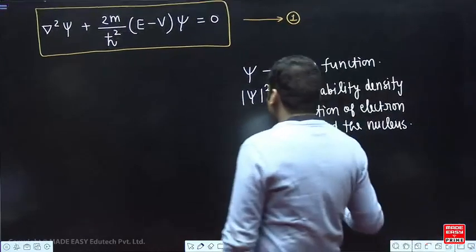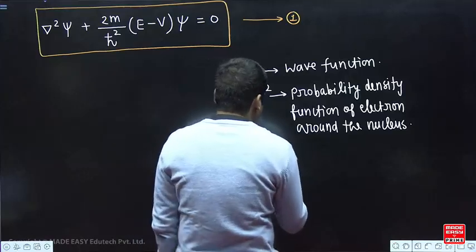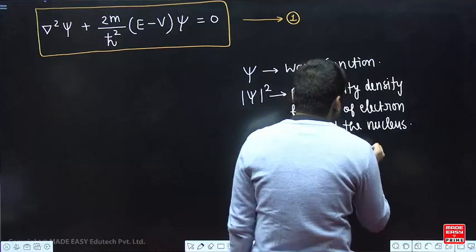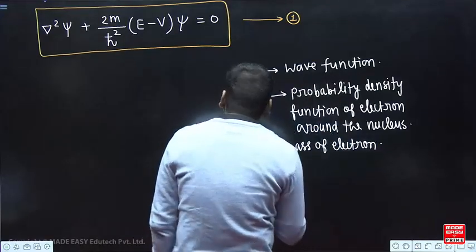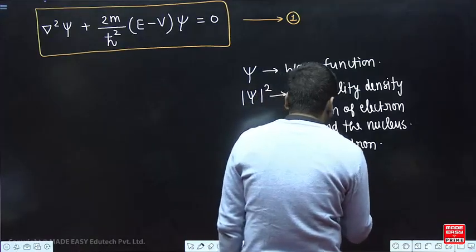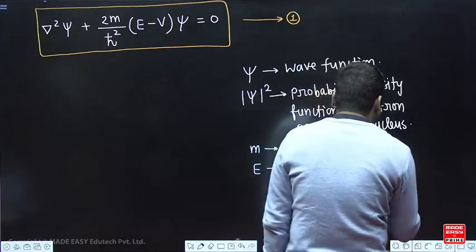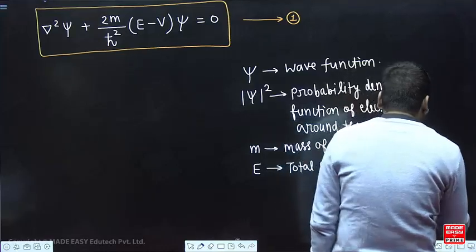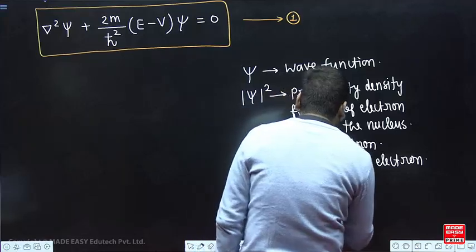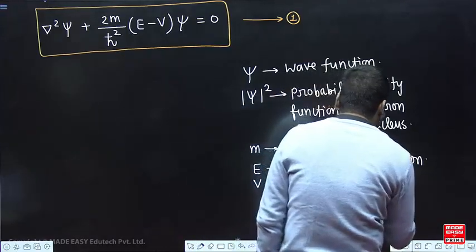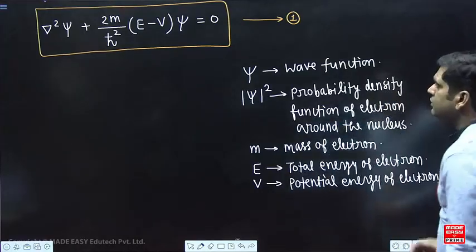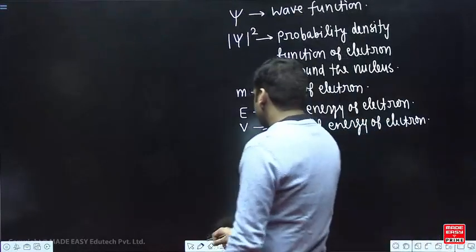m is mass of electron, E is total energy of electron, V is potential energy of electron, and h bar is h by 2 pi.